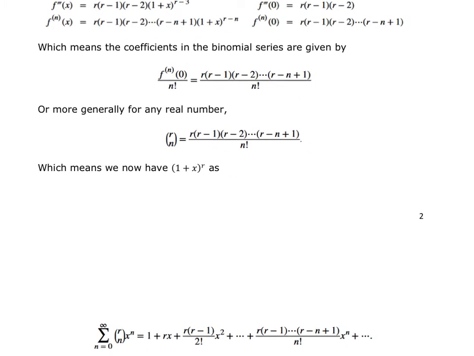In general then, when we are talking about non-whole numbers, they're still real numbers, r choose n is going to be in this form, where we have r times r minus 1, r minus 2, up to r minus n plus 1, divided by n factorial. Which means we now can write this without r having to be a whole number.